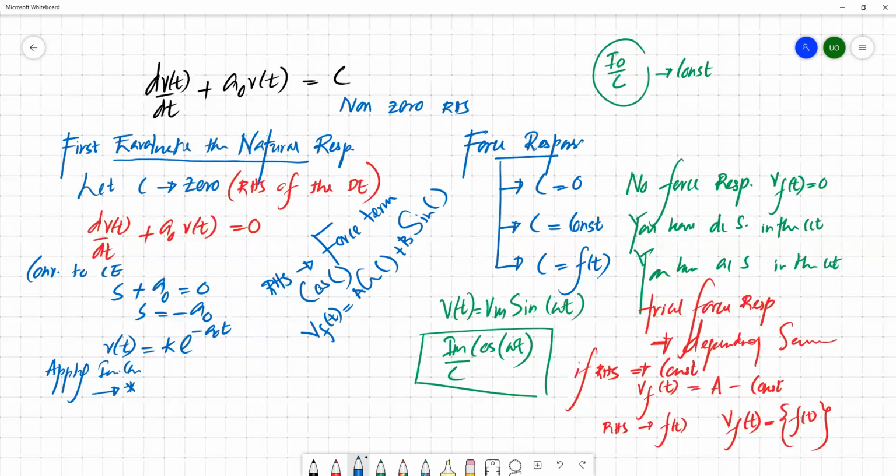This is the more generic form of the sine cosine function.